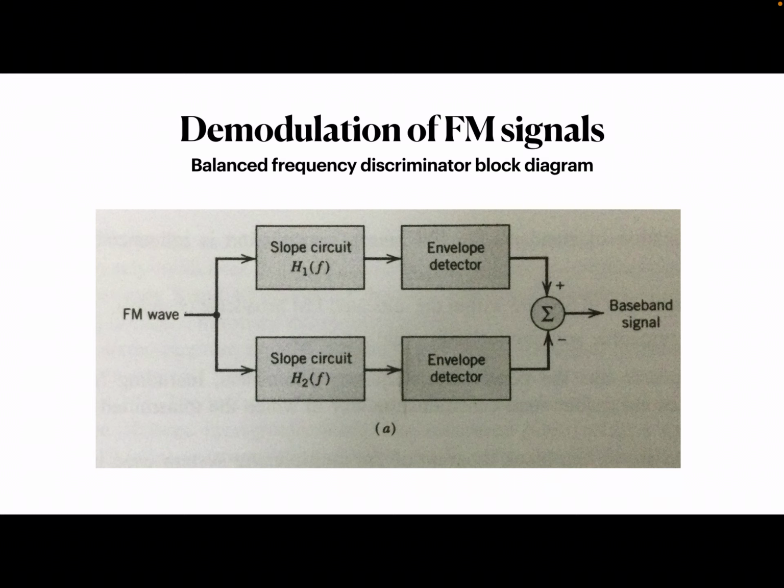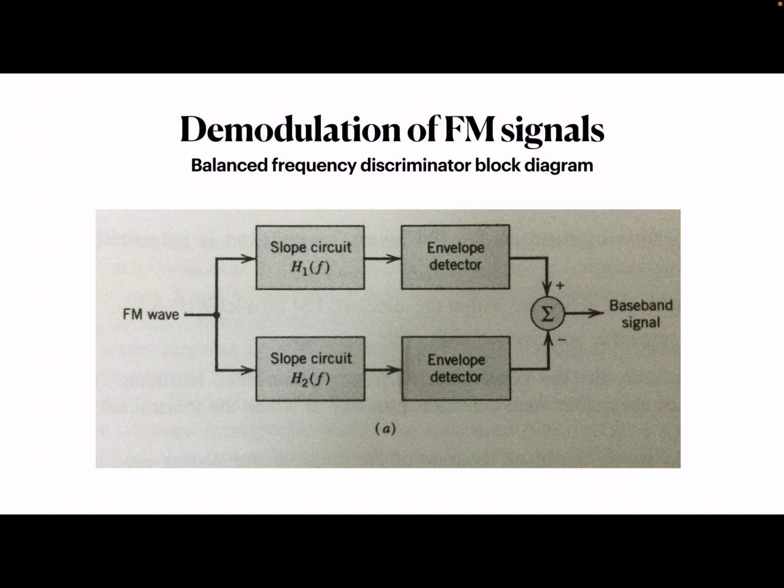What are the requirements of an FM detector? It must convert the frequency variations into amplitude variations. This frequency to amplitude conversion must be linear and efficient.